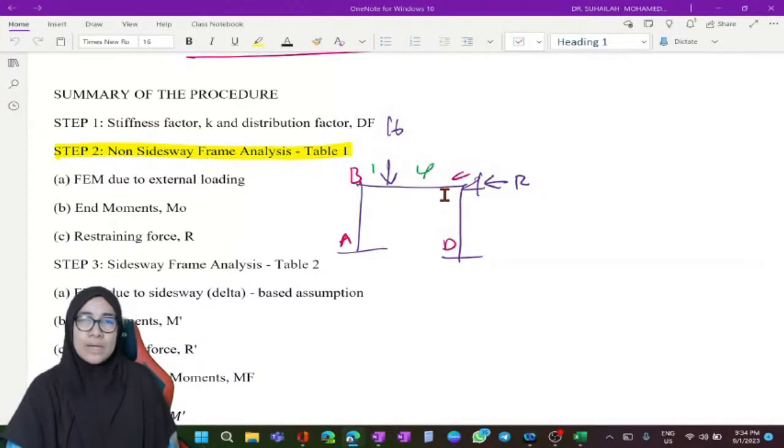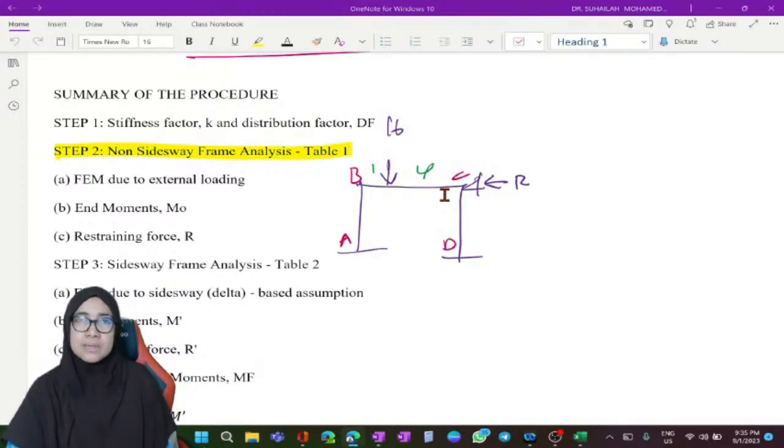In series number 1, I explained the concept, how we derive the final formula to calculate member end moment, because we have to have the final equation which considers the combination of external loading and sidesway, because in analysis we cannot combine them directly.